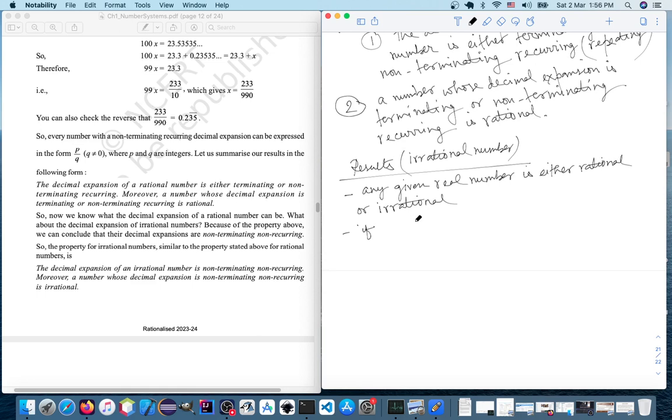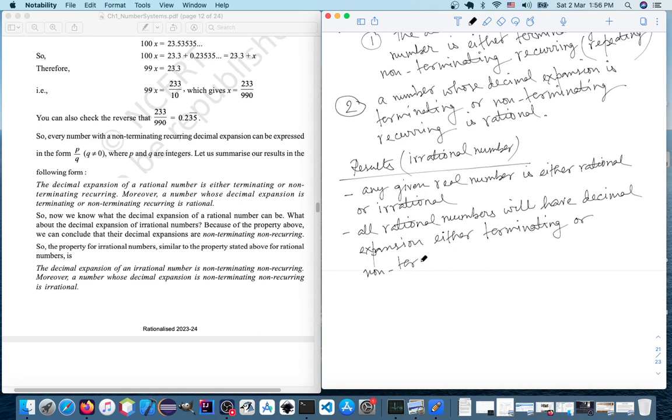All rational numbers will have decimal expansion either terminating or non-terminating recurring or repeating.